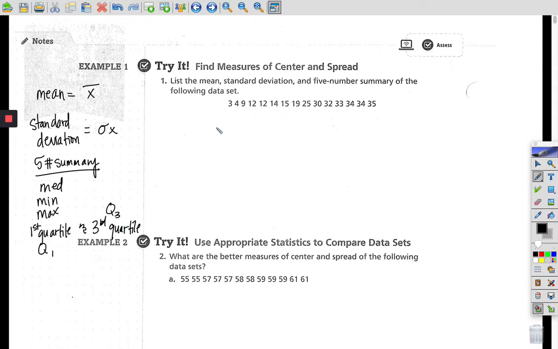So, mean, standard deviation, median, minimum, max, Q1, and Q3.